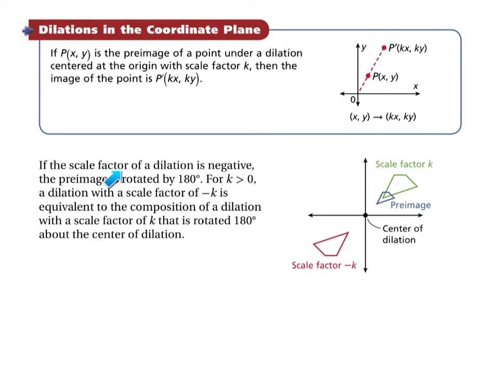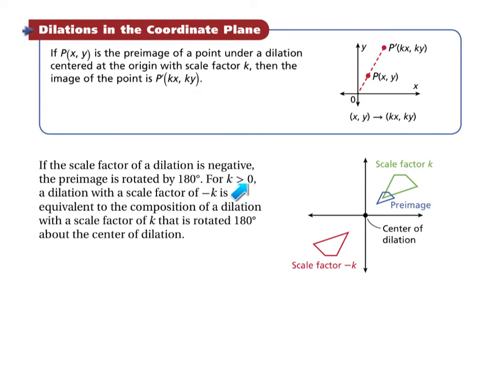Now, if the scale factor of a dilation is negative, the pre-image is rotated by 180 degrees. So, for example, if I have a pre-image and the scale factor k gives me this green quadrilateral, if I have a negative, it rotates 180 degrees.